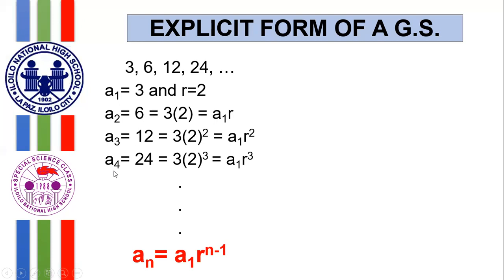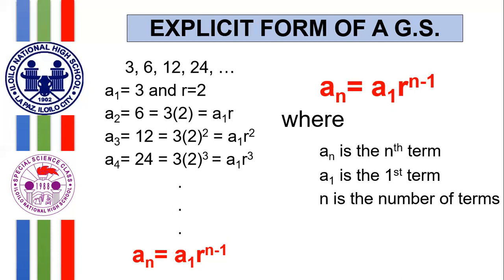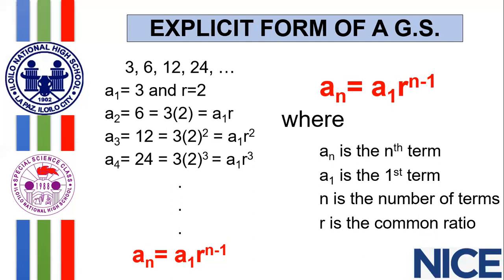Hence, the nth term of your geometric sequence is defined as a sub n is equal to a sub 1 r to the n minus 1, where a sub n is the nth term, a sub 1 is the first term, n is the number of terms, and r is the common ratio. I hope you got it. And if you got this formula as well, and if you derived it as well, great job.